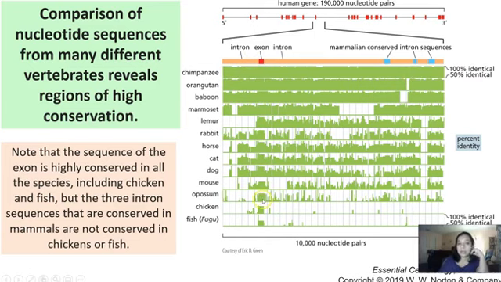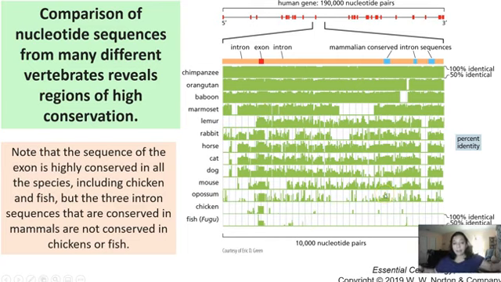But from the fugu fish to chicken to possum, mouse, dog, cat, all the way up to chimpanzee, and looking ahead at the human genome, you find that this exon right here is conserved all the way through, while a lot more changes have occurred in those intronic sequences.